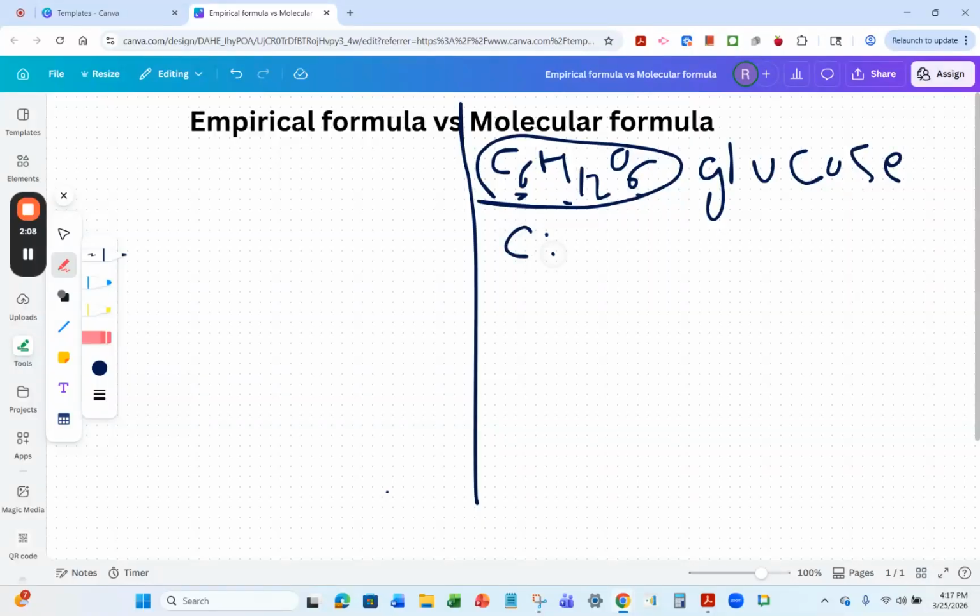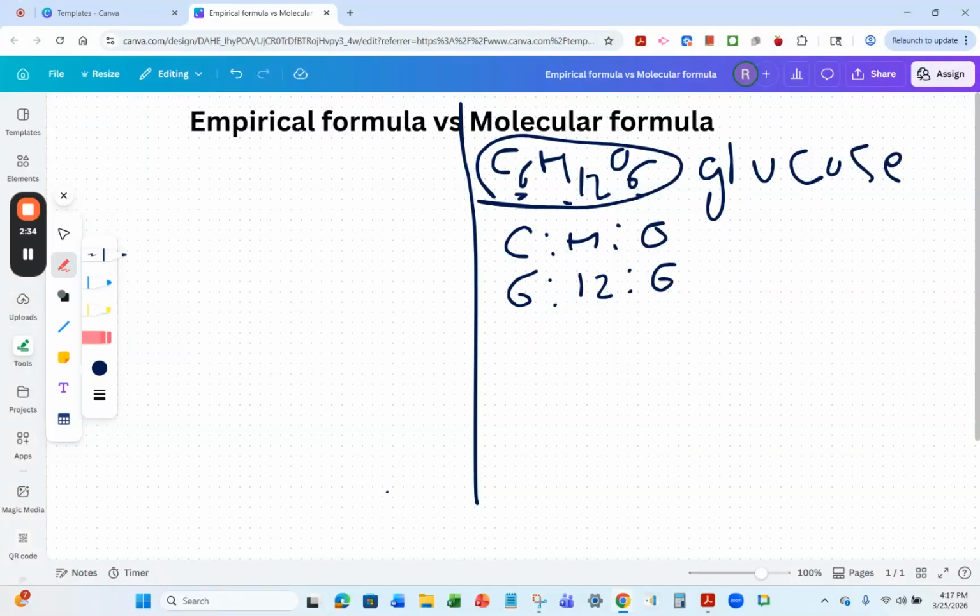So in this case, we have total three different atoms, and their atomic ratio is 6, 12 and 6. Just check the subscript. Now check, can we simplify this ratio further? Simplify means you have to pick a number, and that number should divide all these numbers all together. Not two, not one, all the three.